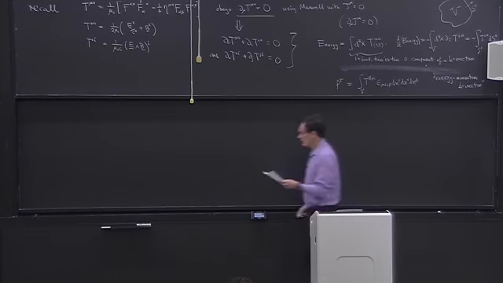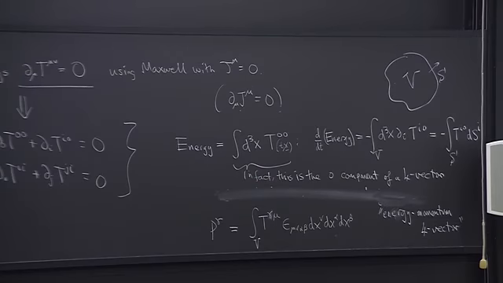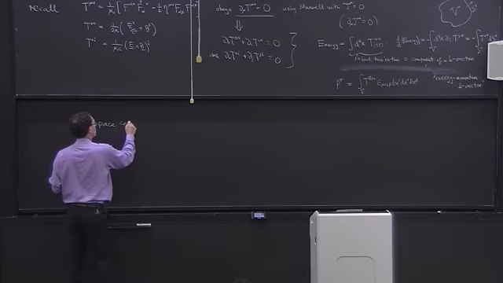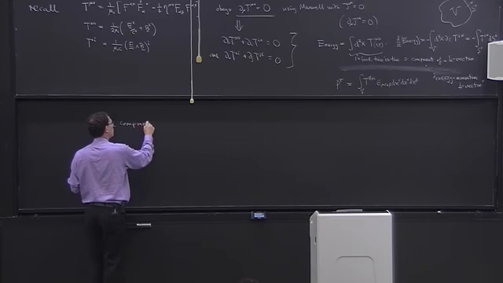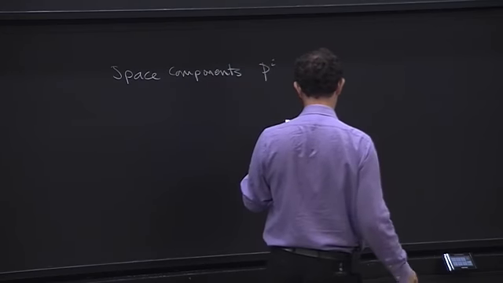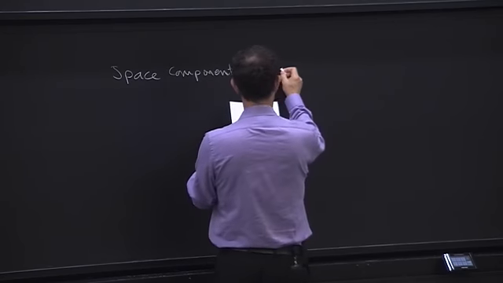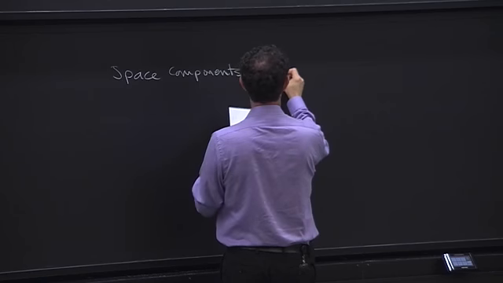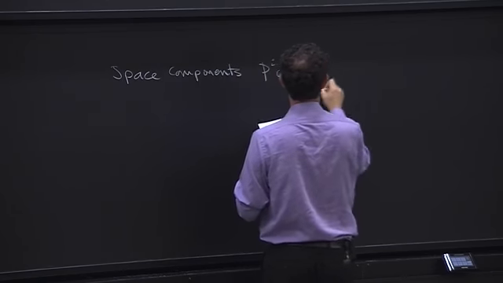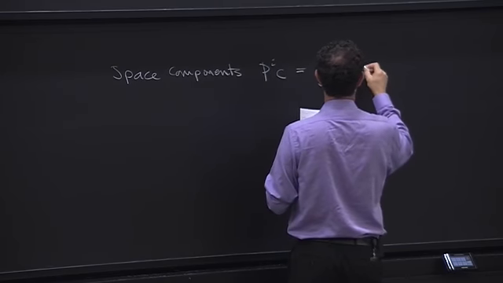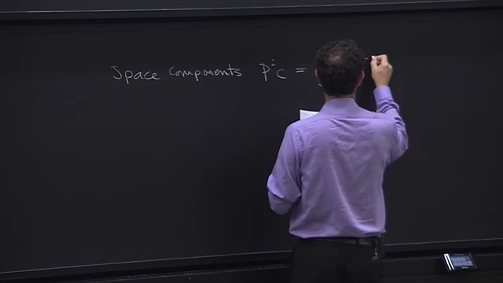Okay, and the space components of the 4-vector, the space components, P^i, in fact, P^i c will be the integral d3x T^{0i}.